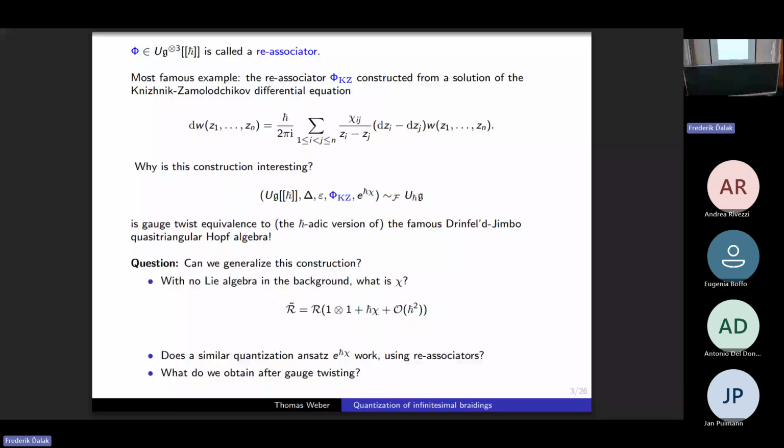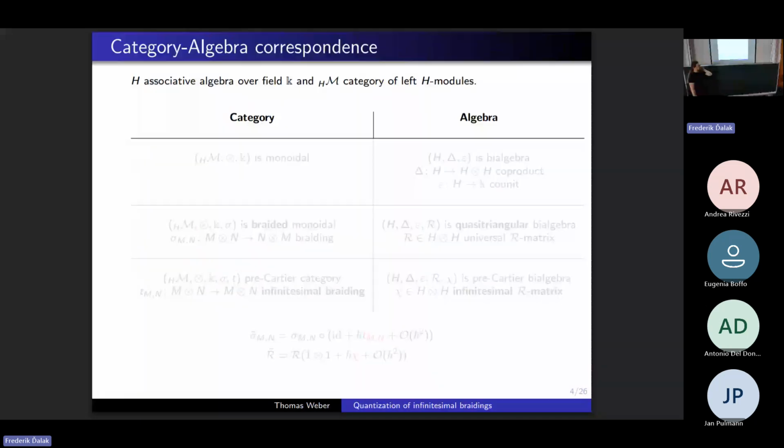Okay, so this was the motivational part number one. Maybe this is now motivational part number two. Throughout this talk, I'm going to switch between category and algebra.